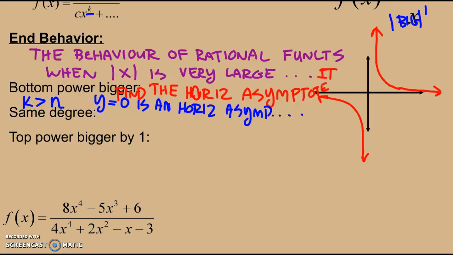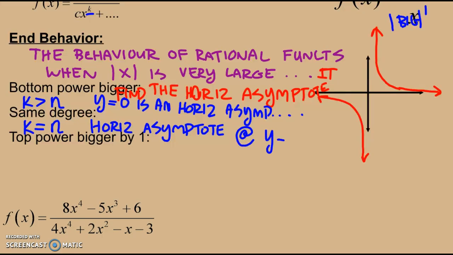If they have the same degree, that is k equals n, then they're going to have a horizontal asymptote at y equals, let me use this example down here. This is A over C, right?